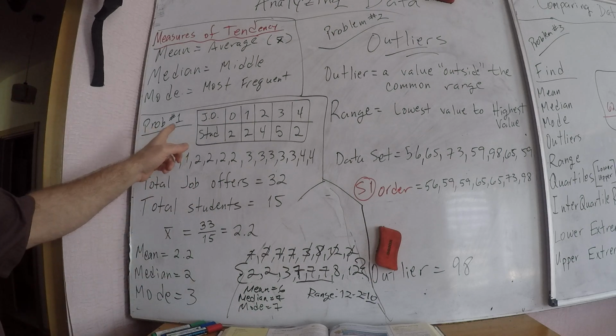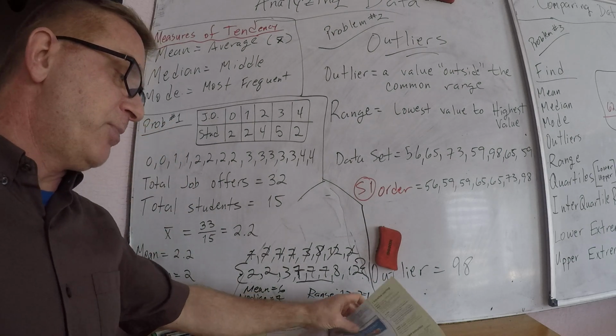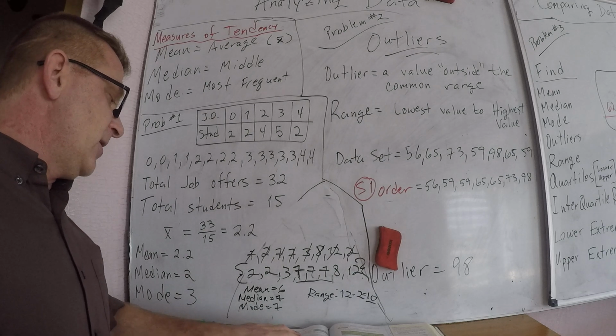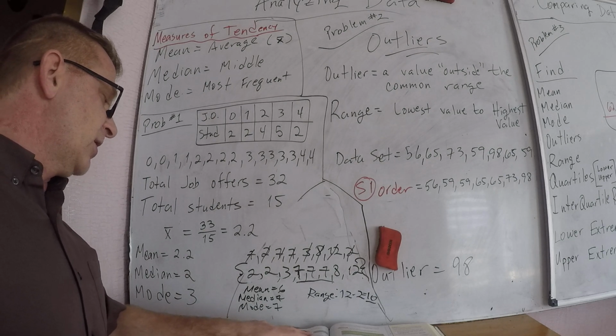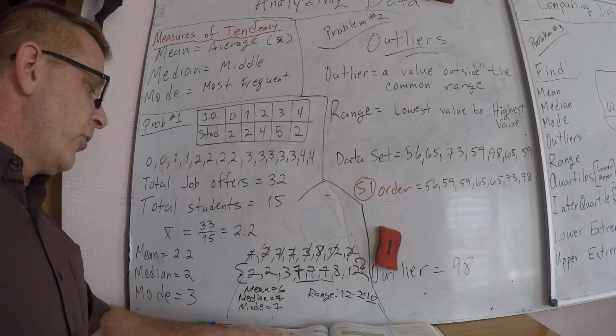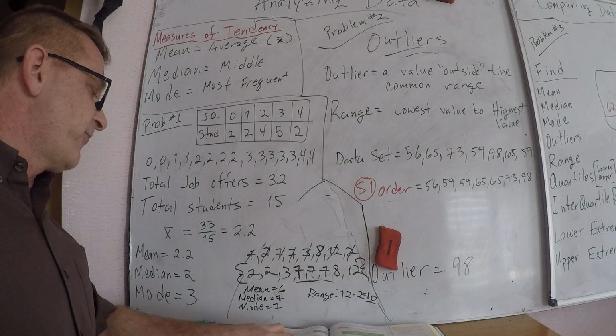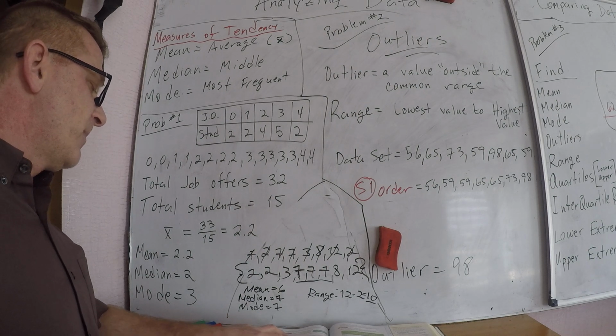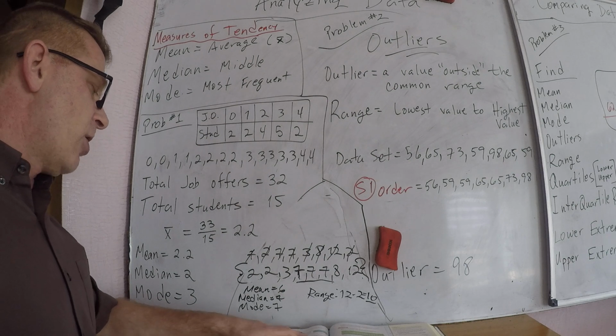So problem 1. Problem 1 is on page 712, and it says, finding measures of central tendency. The frequency table shows the number of job offers received by each student within 2 months of graduating with a mathematics degree from a small college.